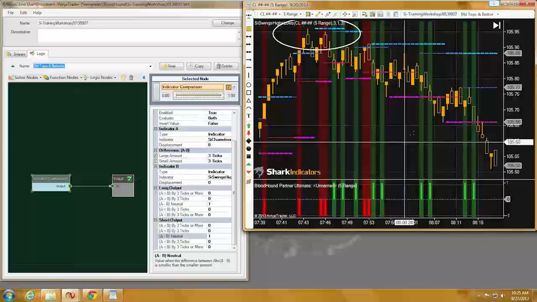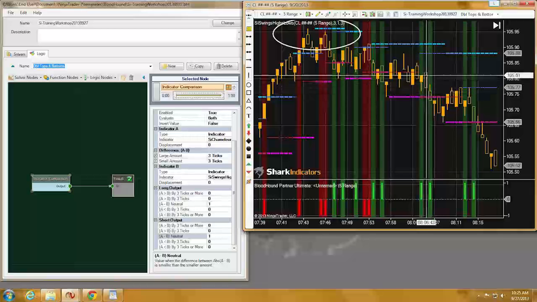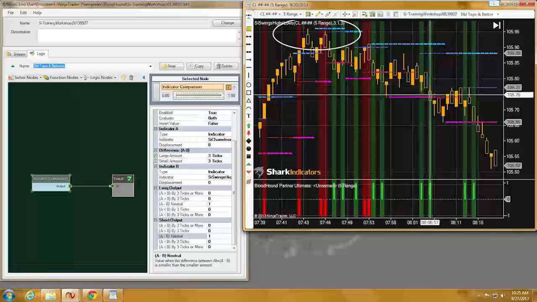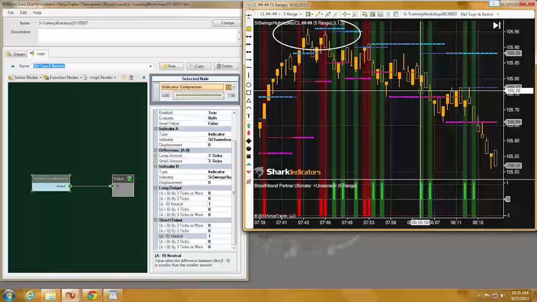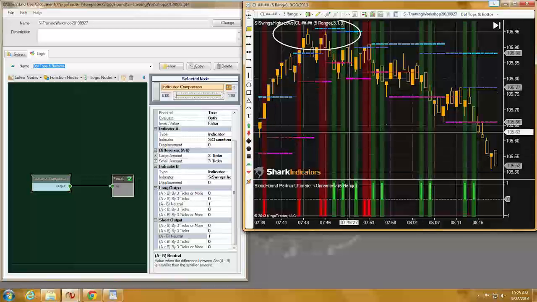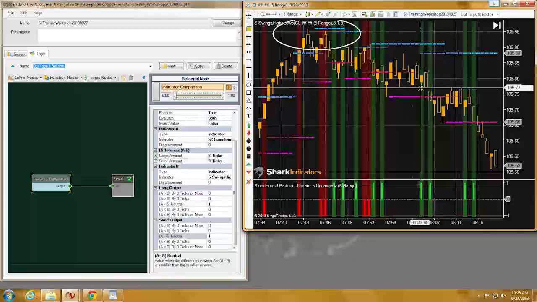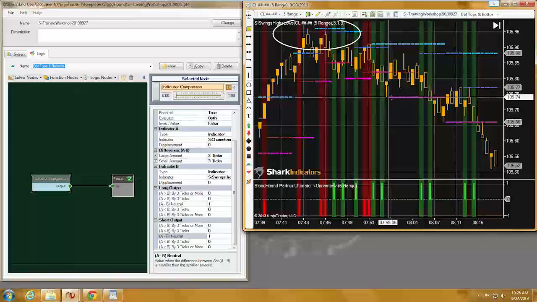All right, so the first thing I notice is I don't want to signal when price is still coming down towards the swings plot here. I want to look for when price is going away from it, moving away from it, or price is bouncing away from it. So I want to make sure that the candle is moving away from the plot line, away from our double bottom or double top, our pivot point.